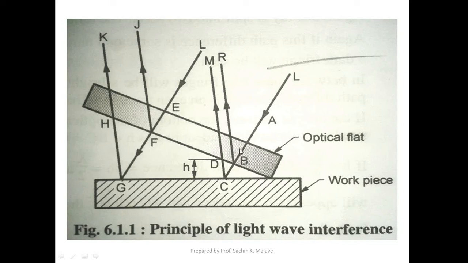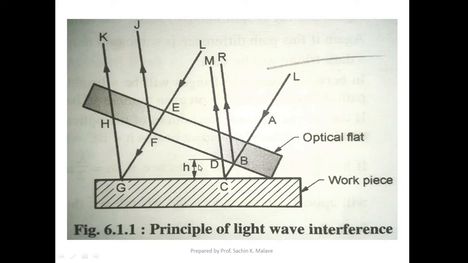The face of the optical flat is perfectly flat, but the face of the workpiece may not be perfectly flat. So even if you rest it over the workpiece, it is going to be in an inclined position only. So there is no necessity of ringing the optical flat with the workpiece. There is no need at all.